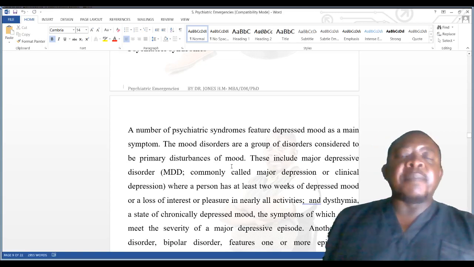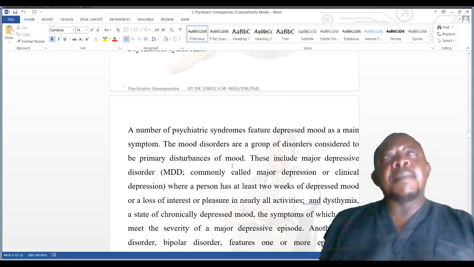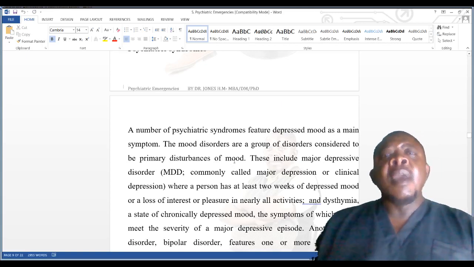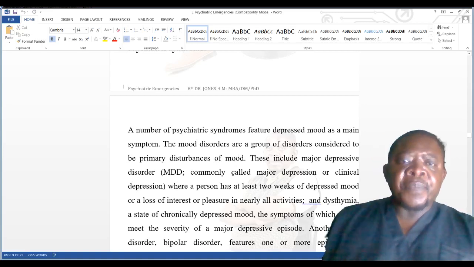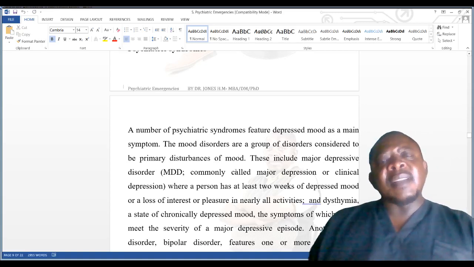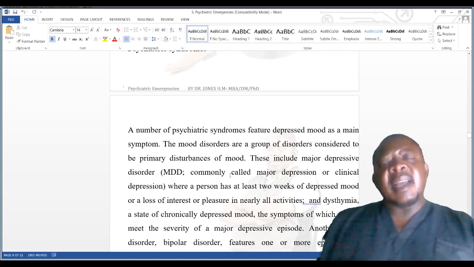There might be no problems with airway, no problems with breathing, no problems with circulation, but there is high risk of this person taking their own life. So that high risk then makes depression a psychiatry emergency.